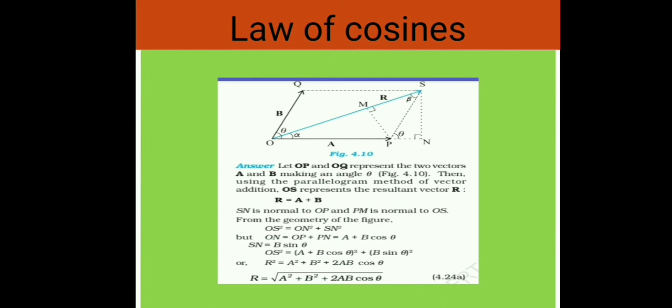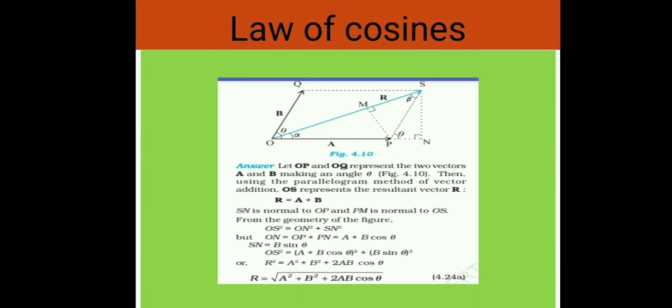From the geometry of the figure, OS square equals ON square plus SN square. You already know about this one, this is the Pythagoras theorem. But ON equals OP plus PN. Now OP equals A and PN equals B cos theta, so ON equals A plus B cos theta. Now SN equals B sin theta. See the diagram carefully: SN equals B sin theta.